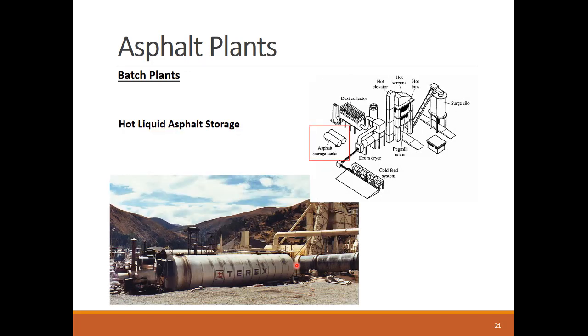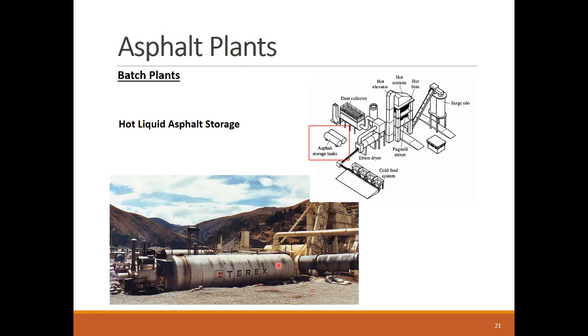The asphalt cement or binder is stored in hot liquid storage tanks that keep the asphalt at the required temperature. The tank temperature is maintained using a direct fire heater that changes the temperature for every unique asphalt grade.